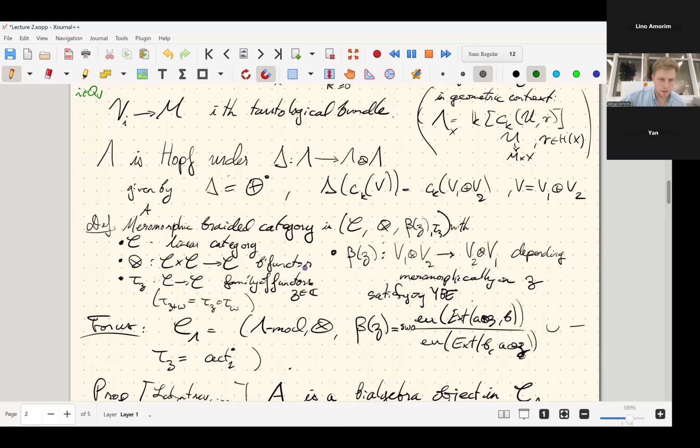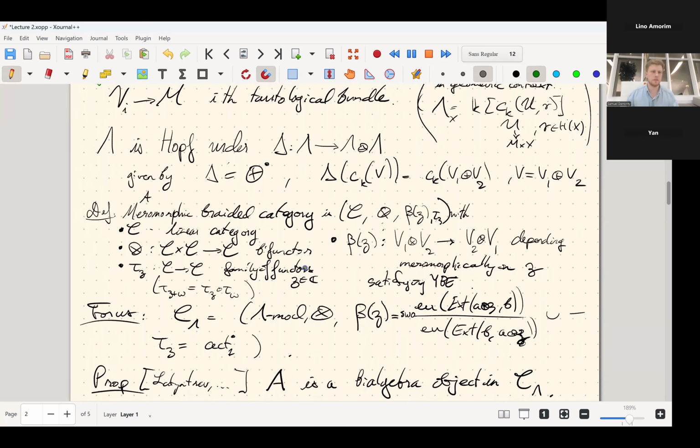So crucially, this ring is actually a Hopf algebra. We have a coproduct coming from taking the direct sum of tautological bundles.